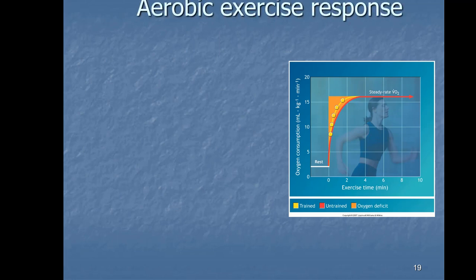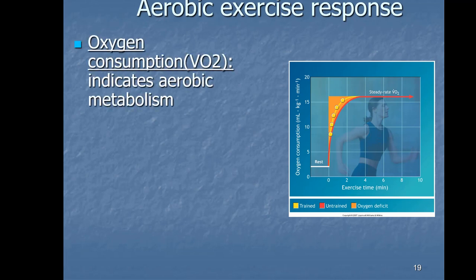So shifting gears a little bit, we'll talk about how the body responds aerobically to exercise. So basically how oxygen consumption increases. Oxygen consumption, which we'll abbreviate as VO2, is a good index of aerobic metabolism. If we look at VO2 or oxygen consumption during steady state exercise, this is what it would look like.